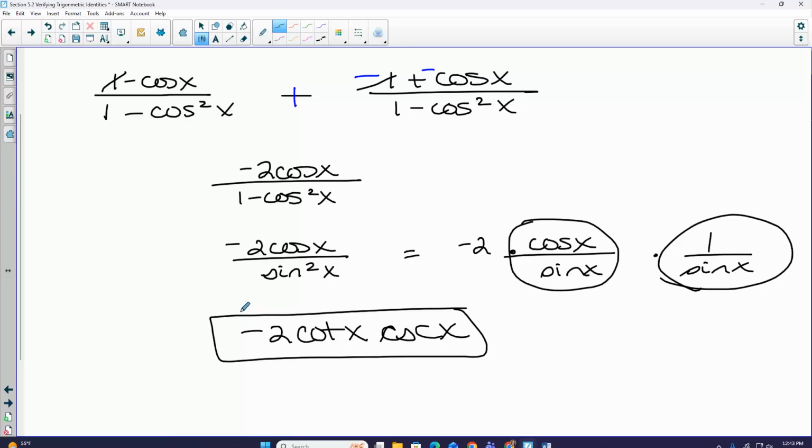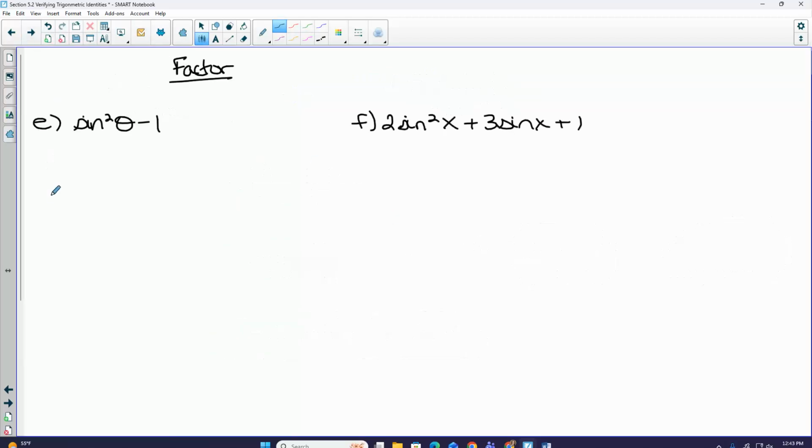The next two, I'm going to ask different directions this time. All of our algebra techniques still work. So what if I asked you to factor sine squared theta minus 1? Let me ask a different question.